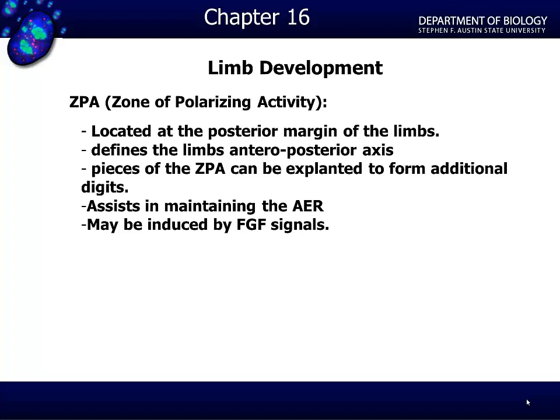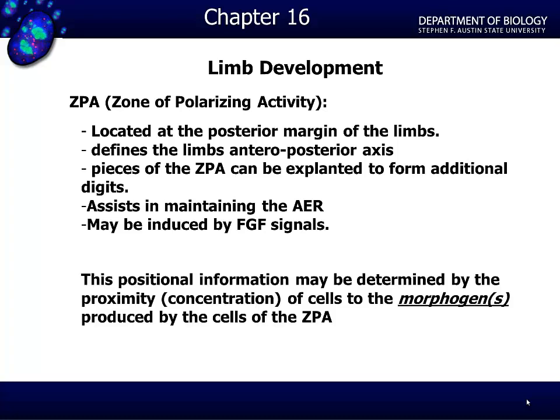And so we're going to expand on how the ZPA can control digits as well as this anterior-posterior axis. And we're going to see that much like the progress zone, the ZPA also is able to induce the apical ectodermal ridge by feedback mechanisms and maintain the AER in its state of being able to induce the progress zone.